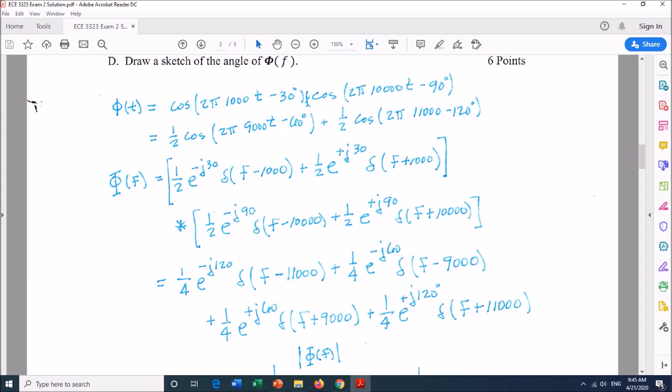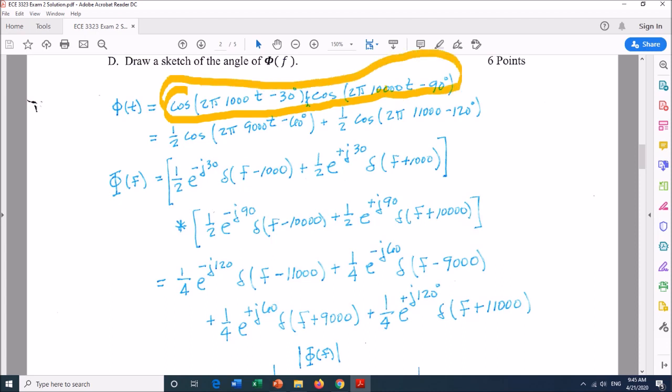Let's see, the way I took this first time equation, cosine 2 pi 1000t minus 30 degrees times cosine 2 pi 10,000t minus 90 degrees, I did the Fourier transform for each and then convolved them together. So the first cosine gives, using our Fourier transform of a cosine with a phase shift, 1/2 e to the minus j30 delta f minus 1000 plus 1/2 e to the plus j30 delta f plus 1000.